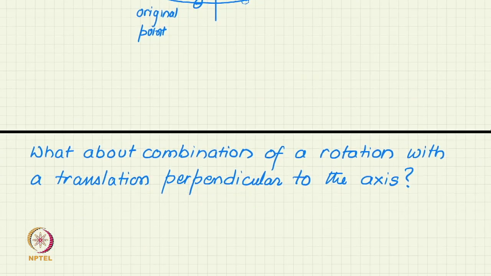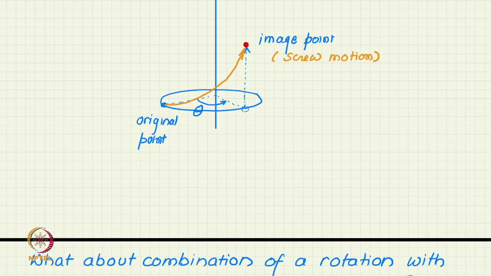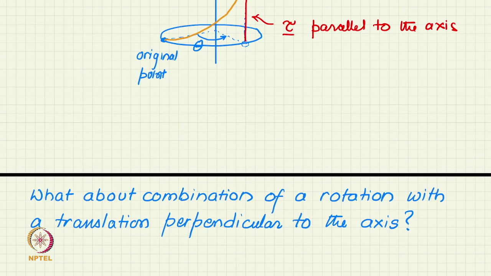Now, why are we thinking of a combination of rotation with a translation, this translation component here, which was parallel to the axis? So, why are we insisting on parallel?